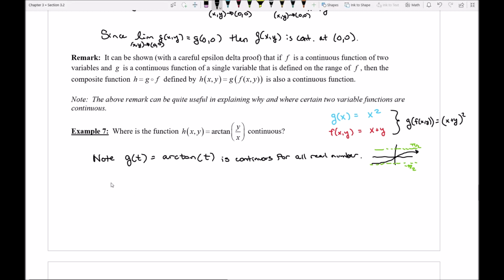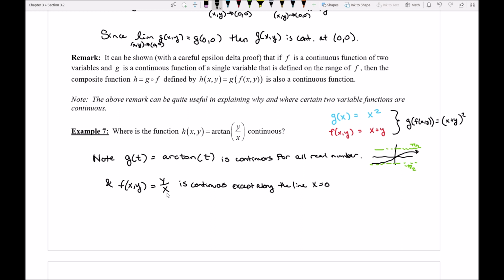We can also, though, see here that I have a function f of x y, which looks like y divided by x. And this is a rational function, so it should be continuous as long as the denominator is not 0. So it's continuous everywhere except where the denominator is 0. So I should be able to say that this is continuous except along the line where x is equal to 0.